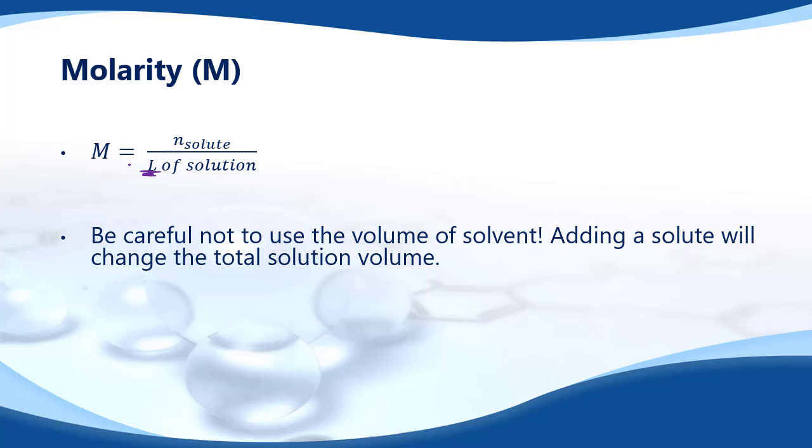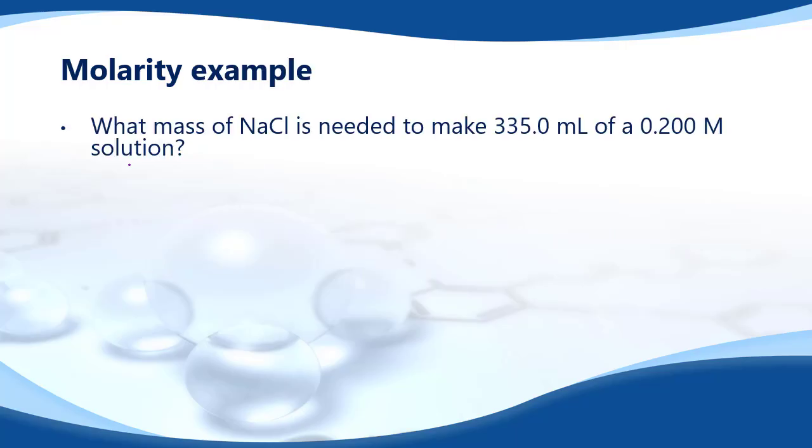So let's try an example of this. We want to make 335 milliliters of a 0.2 molar solution. Remember, molarity, whenever you see that, that means mole per liter. So we'll set up our equation. Molarity is moles over liters.